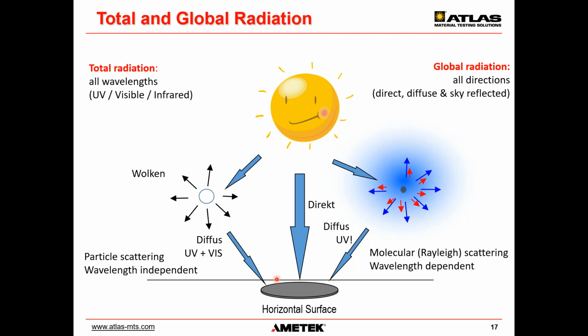For the visible part, the blue part is scattered more compared to the red part. So a solar beam which is not directed into my direction, I typically would not see if there were no atmosphere, but the atmosphere scatters this solar beam, and it scatters the blue part more compared to the red part.